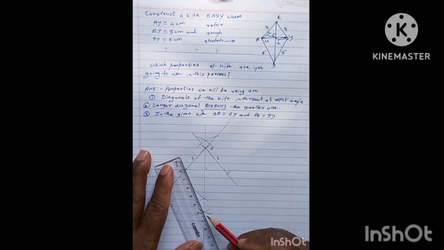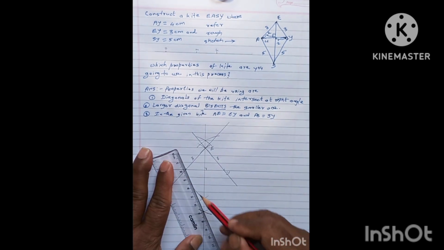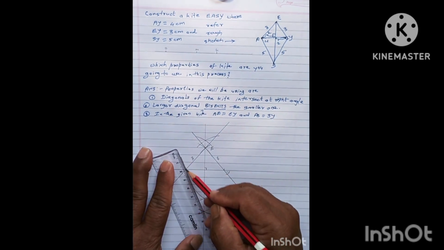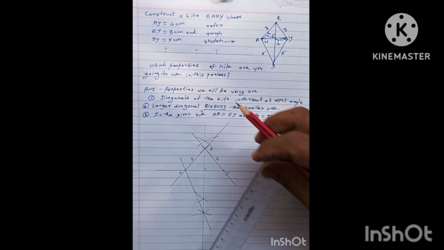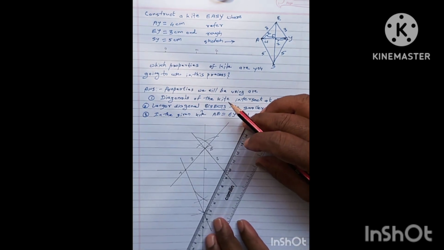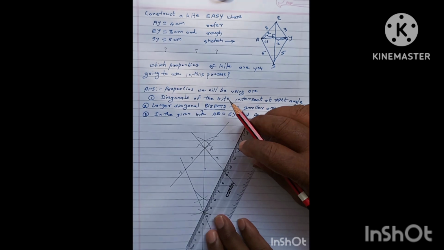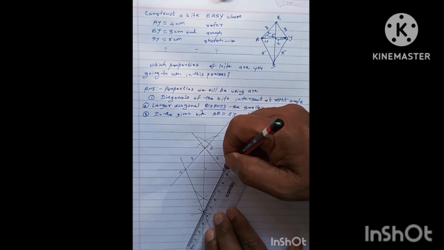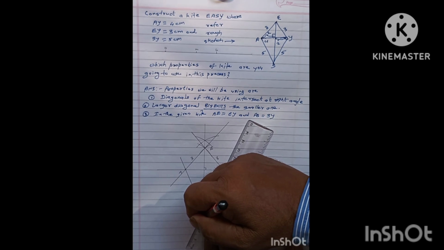That means confirming that I am joining the right point, and this is not to be joined. Checking and confirming that both the points are lying on the line. And see these two points, don't erase anything, don't rub out anything, because if you rub out, the examiner may cut your marks.